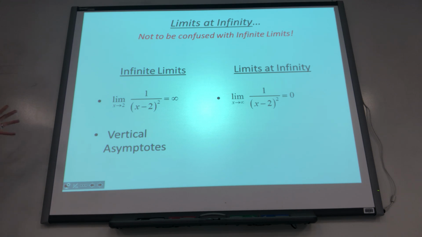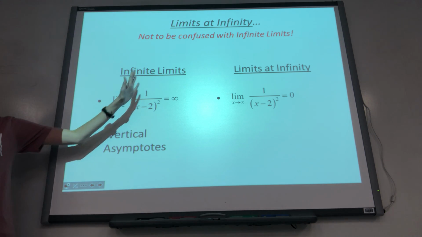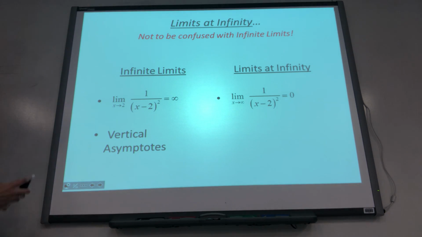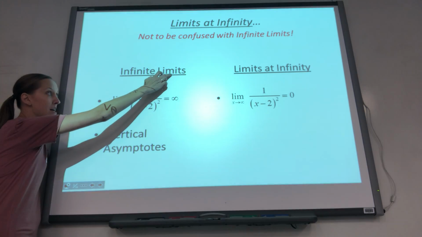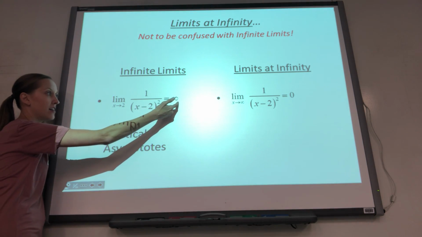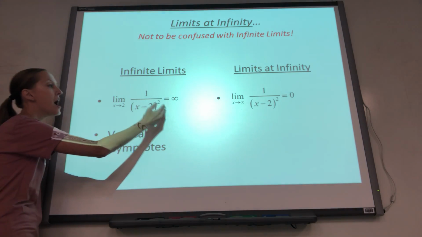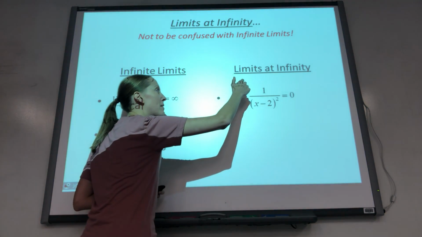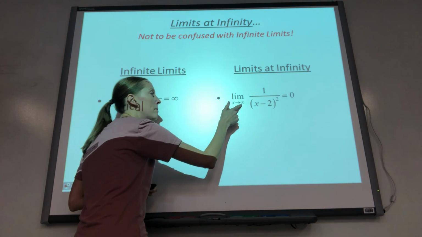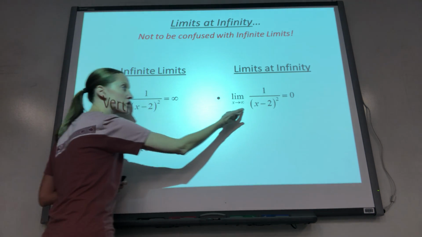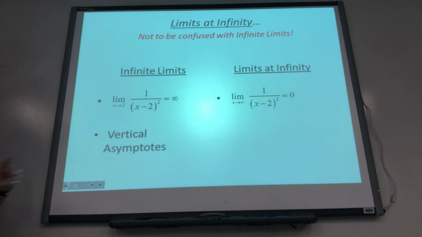Let me show you the main difference between infinite limits and limits at infinity. With an infinite limit, your answer is one of the infinities. However, a limit at infinity means that you are approaching one of the infinities.